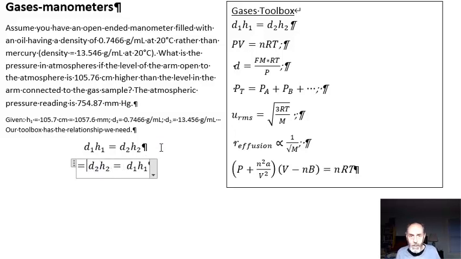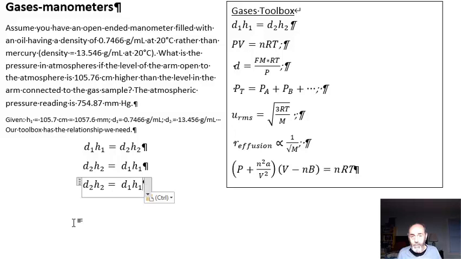To this. And then we need to take this and solve for H2. So we can do that by, let's just copy this again, and we're going to get rid of the D2 on this side and bring it over to the other side.